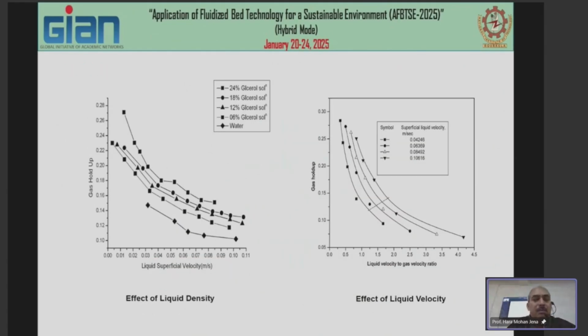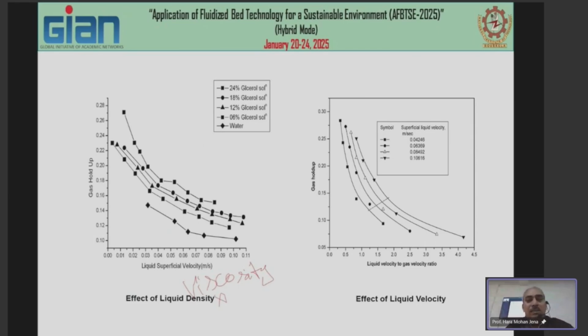For different liquids, it is basically not the density of the liquid, rather the liquid viscosity that matters. With these different liquids, the surface tension is also different, so a combined effect is there on the gas hold up.